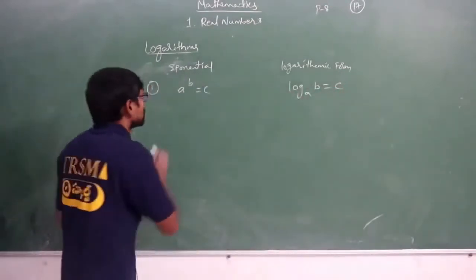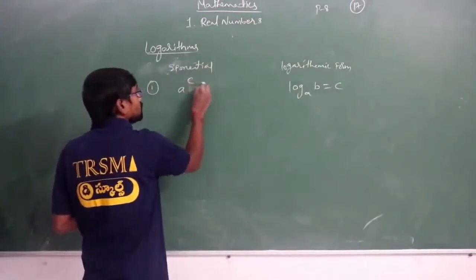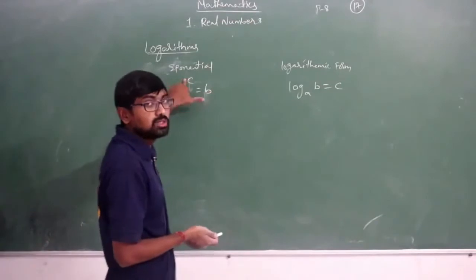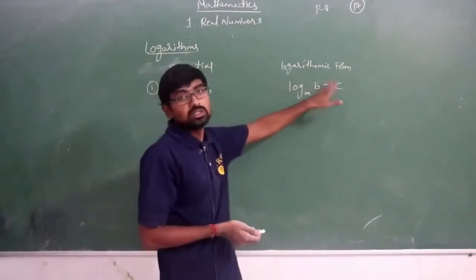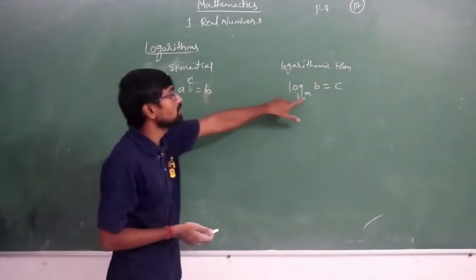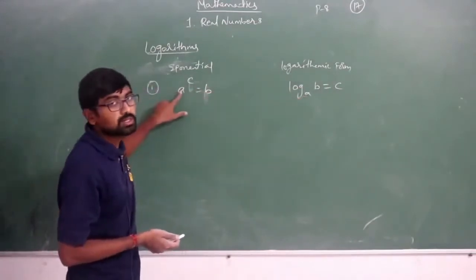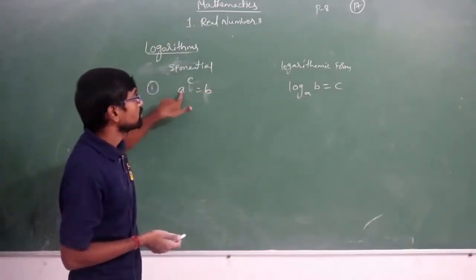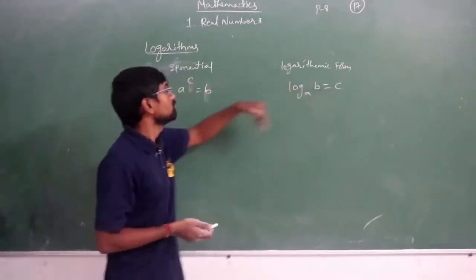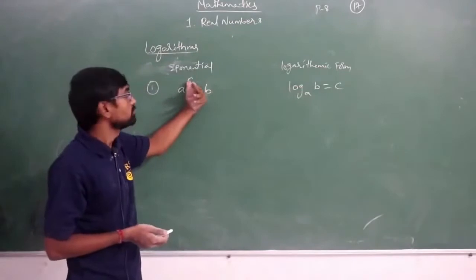No. A power c is equal to b. The power value will be after the equals sign whenever it is converted into logarithmic form. You can see, here we have taken base a. This b we have written here, and this we have taken to the power.